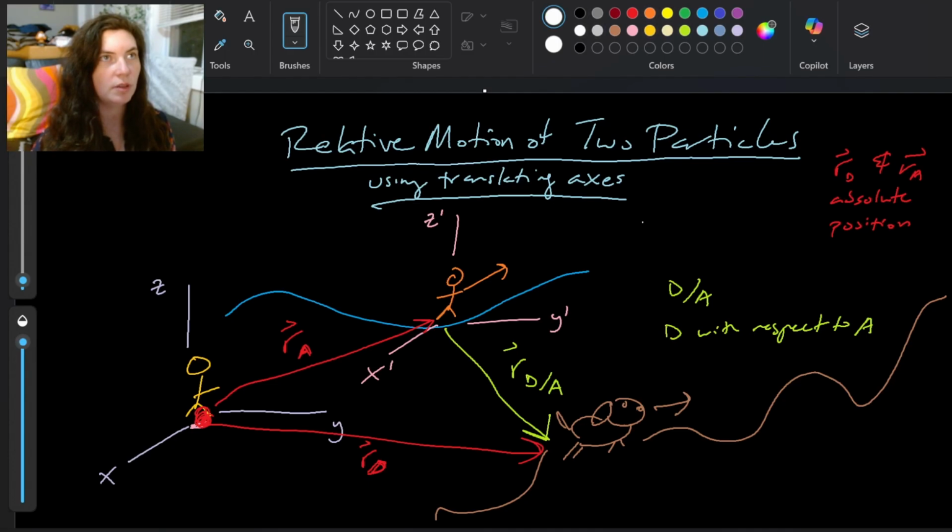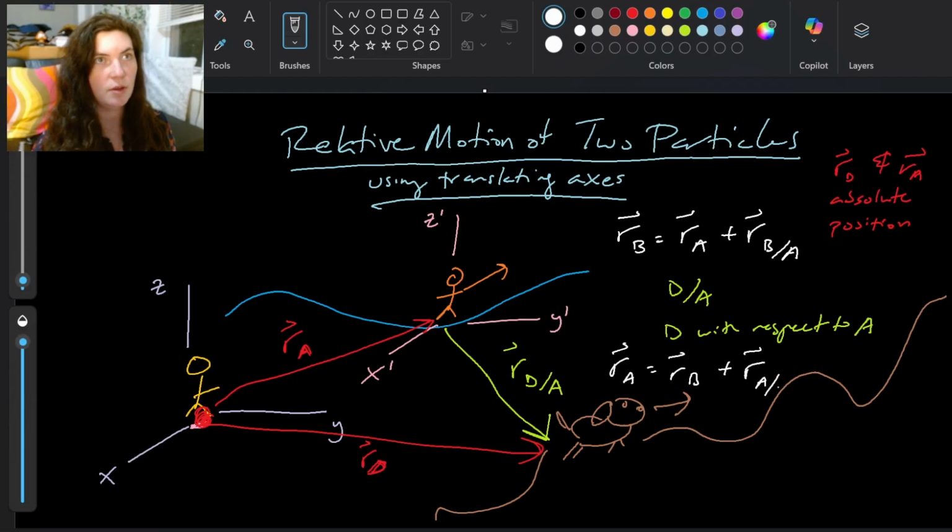Where these equations, to relate all of these vectors, we're going to have the position of R, and I'm just going to use B and A for defaults. Position RB is going to be the position RA plus the position of RB with respect to A. And this order does matter, because if you flip this around and you say RA is RB plus RA with respect to B, it matters which way you do this to get your signs correct.